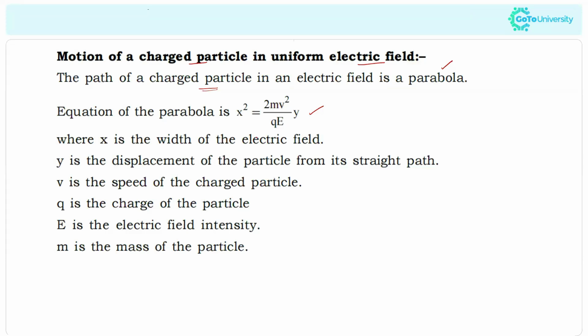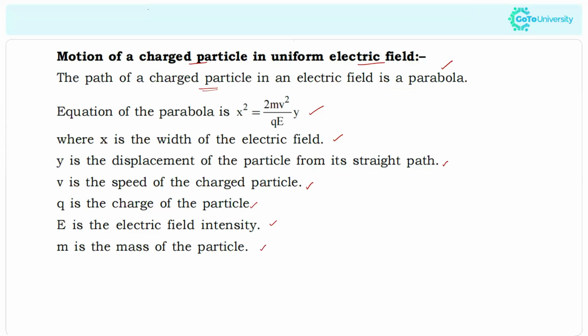Here x is the width of the electric field, y is the displacement of the particle from its straight path, and v is the speed of the charged particle. q is the charge of the particle, E is the electric field intensity, and m is the mass of the particle. We will use this equation when we get questions related to a charged particle in a uniform electric field.